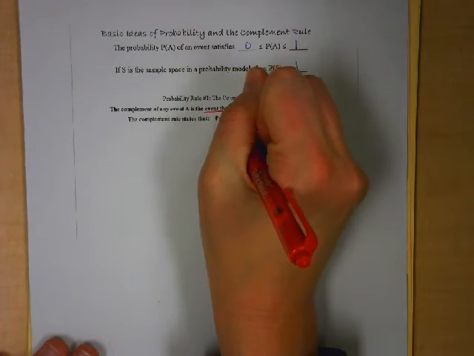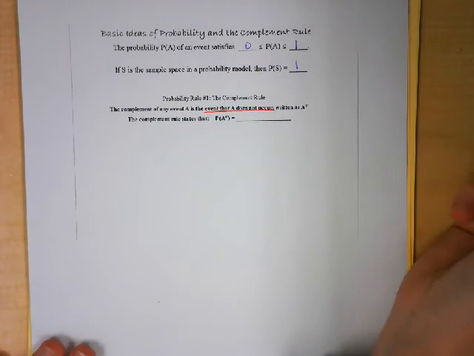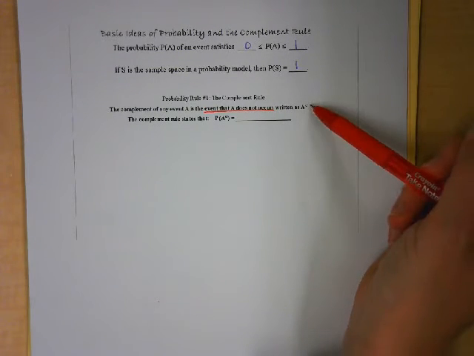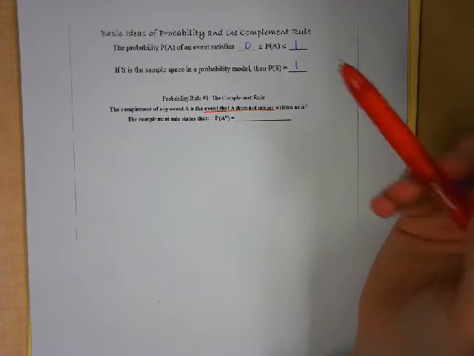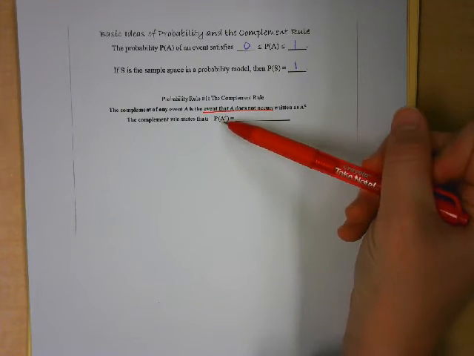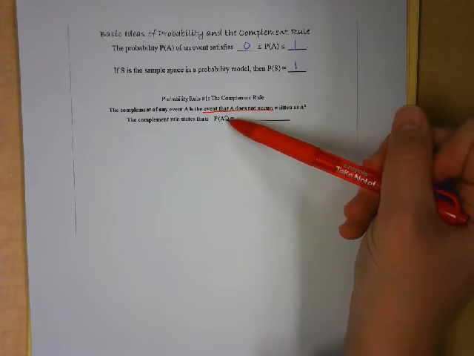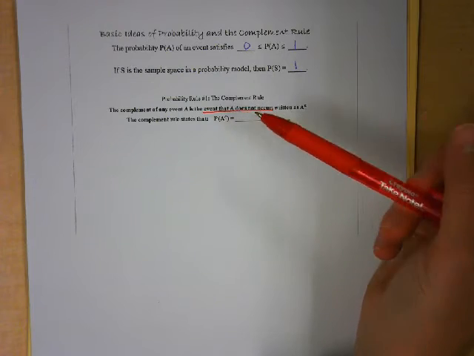So our first rule is called the complement rule, and the complement of any event A is the event that A does not occur. We use A with the superscript of C. And so if you're asked to find the probability of A complement, or you may hear me say the complement of A, they're used interchangeably.